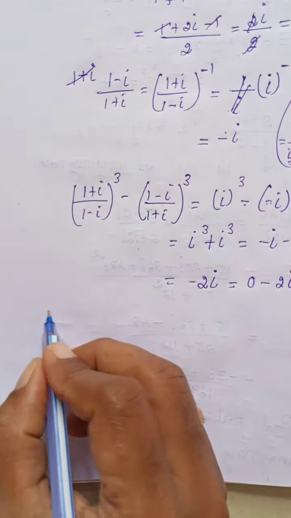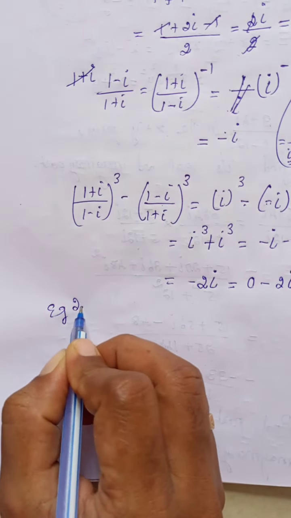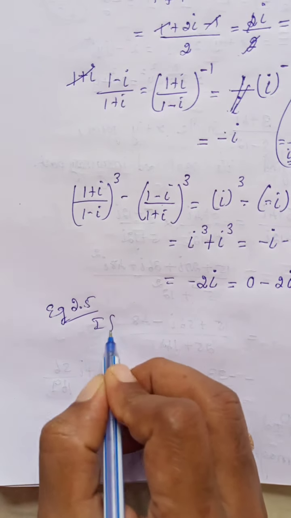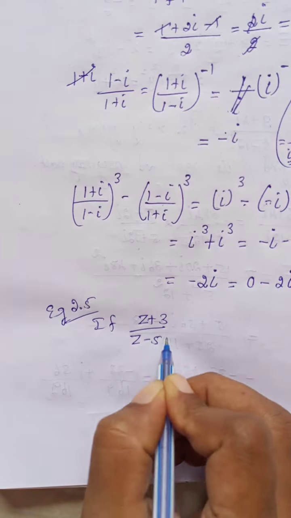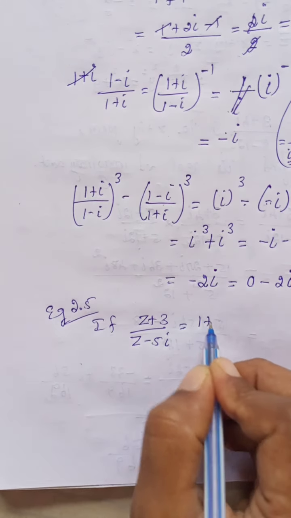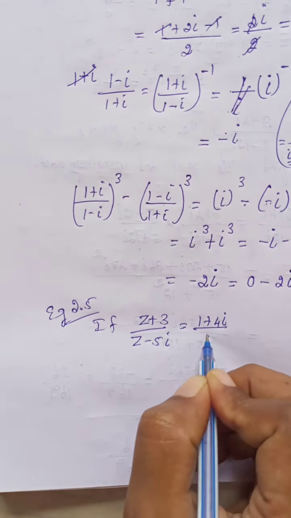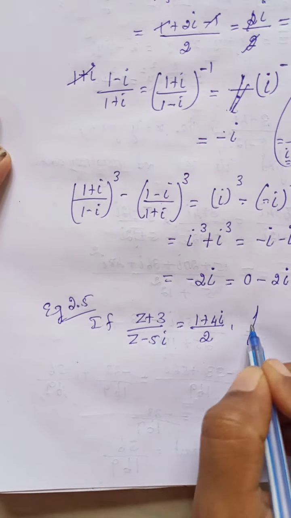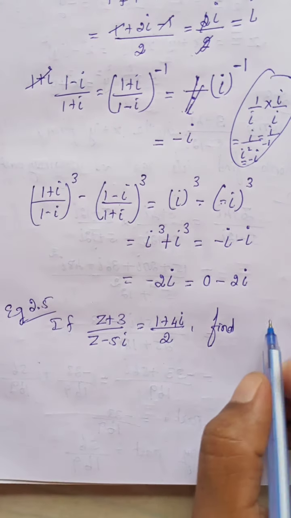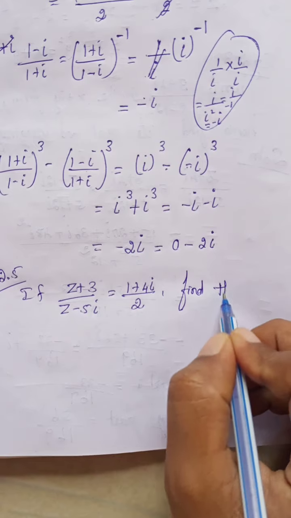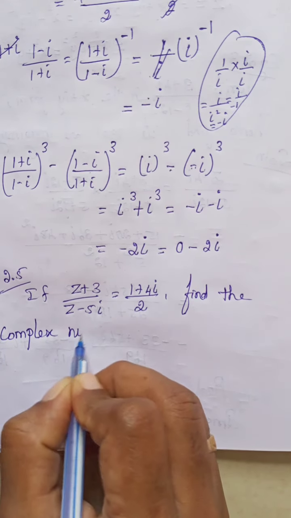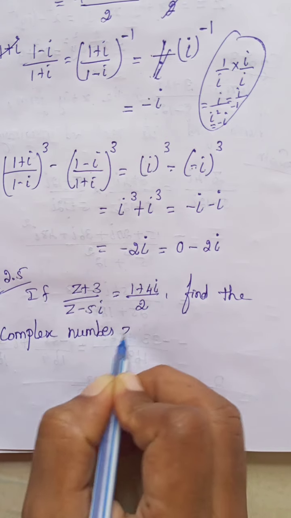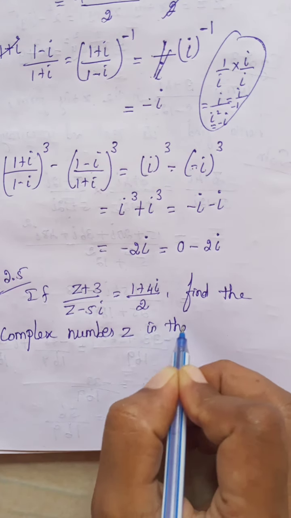The next example is example 2.5. If (z plus 3) by (z minus 5i) is equal to (1 plus 4i) divided by 2, find the complex number z in the rectangular form.